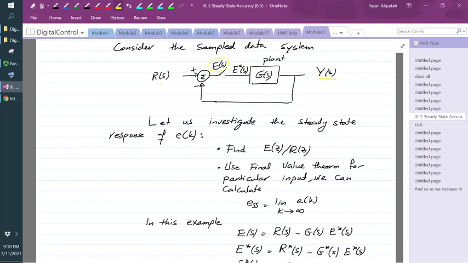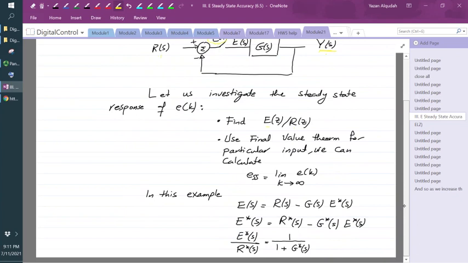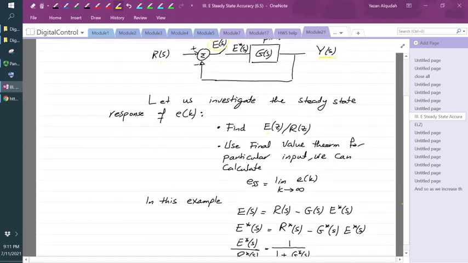And what we're going to do is calculate the expression for the steady state error. To do that, we're going to be calculating E of Z over R of Z, and then we can use the final value theorem, which is going to give me the steady state value of the error signal as k goes to infinity. So in this example, E of S is equal to R of S minus G multiplied by E star. And therefore, if I take the star transform, E star is going to equal R star minus G star multiplied by E star.